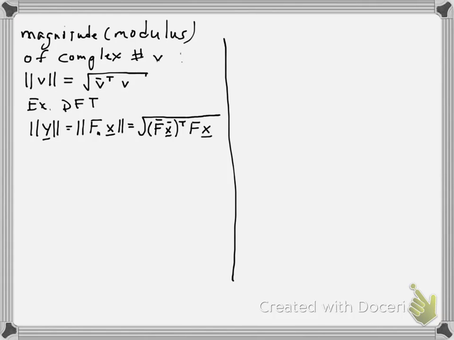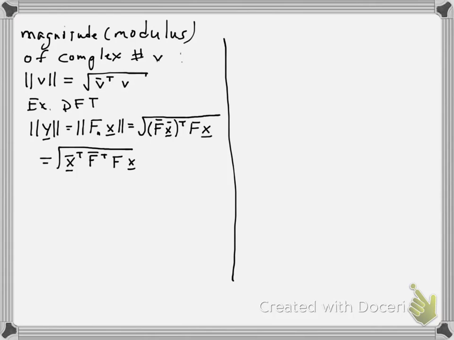And then when we take the transpose of a product, it is a product of transposes in the reverse order, and so that would be written in this manner. It'd be the conjugate of x transpose, the conjugate of F transpose, times F, and then times x.